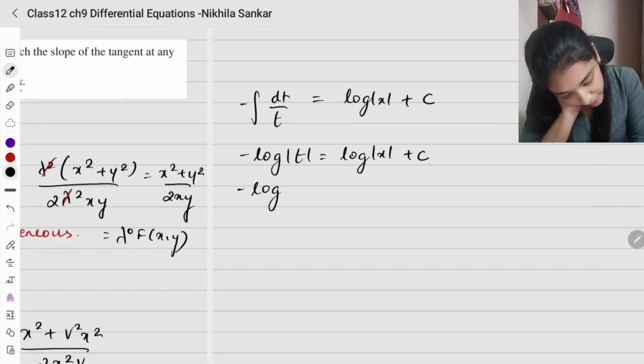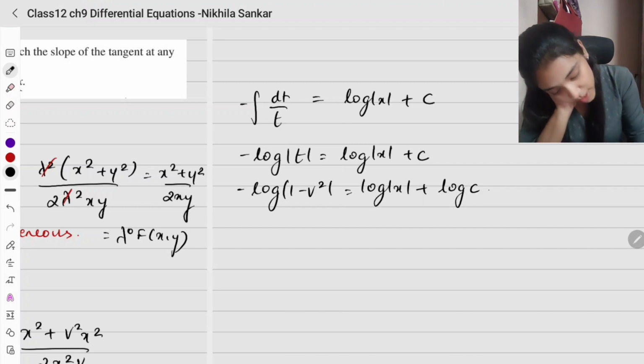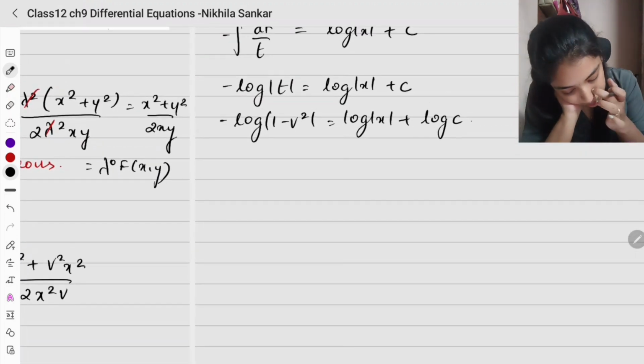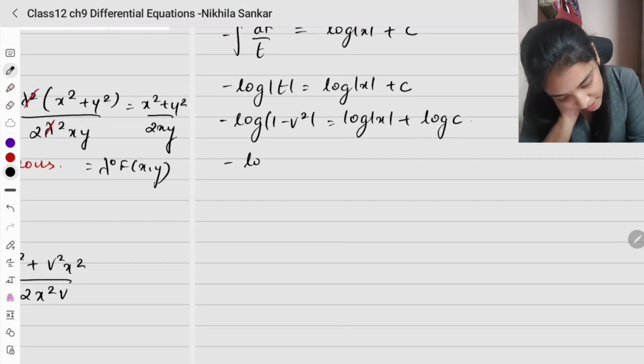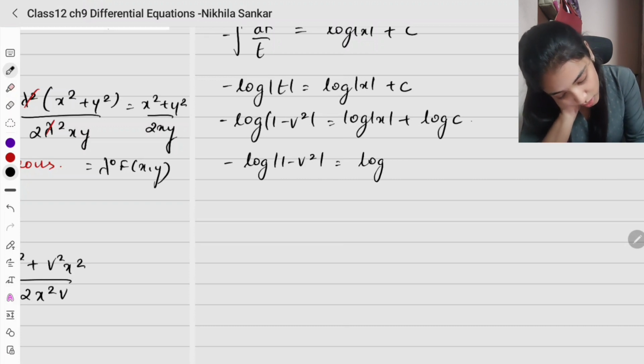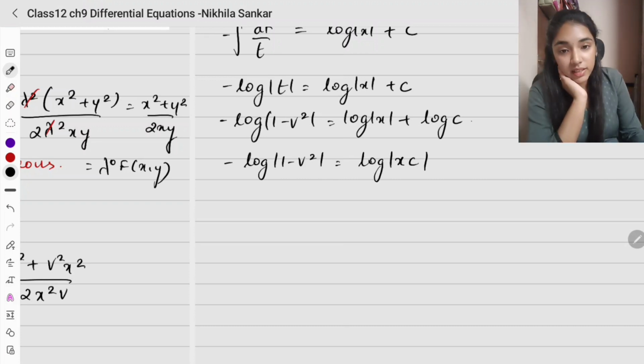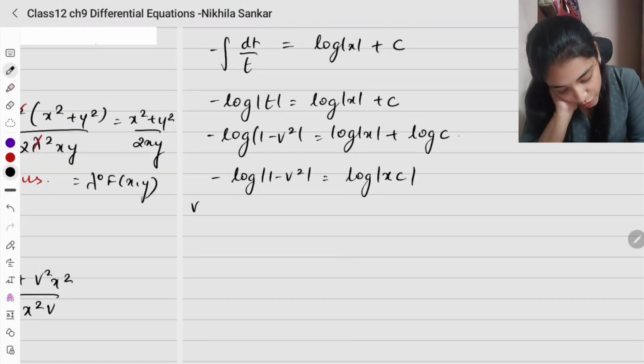So minus log of 1 minus v square equals log x plus the log c, we can take. Now this is going to be minus log mod 1 minus v square equals log of x c. Can we write it like this? Instead of v, I'm going to substitute y divided by x.